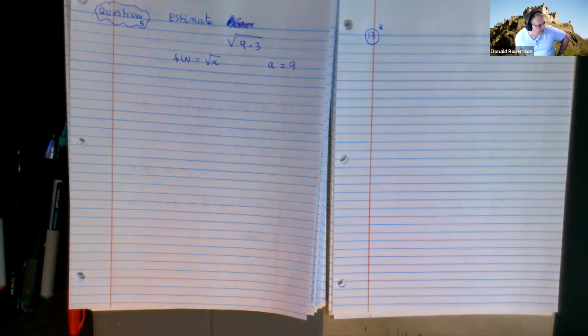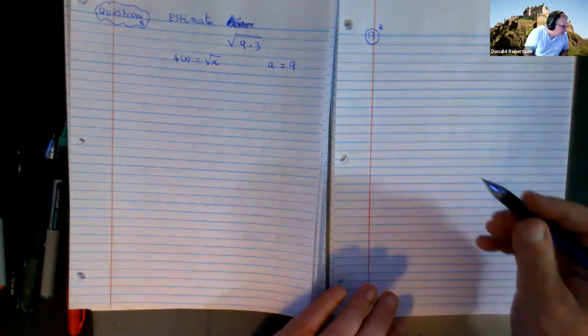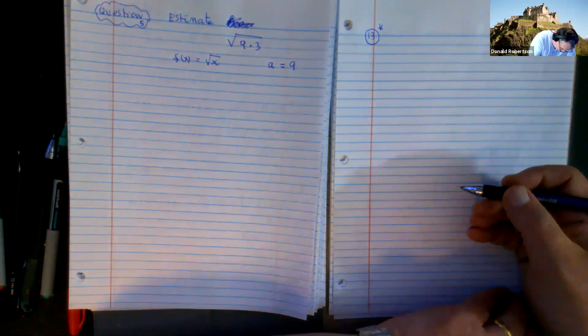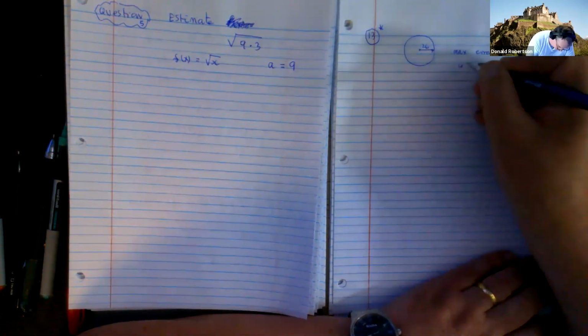Essentially, what this question has is the radius of a circle given as 26 centimeters. So we've got a circle and its radius is given as 26 centimeters, and the maximum error you can get in this measurement is 0.2 centimeters.